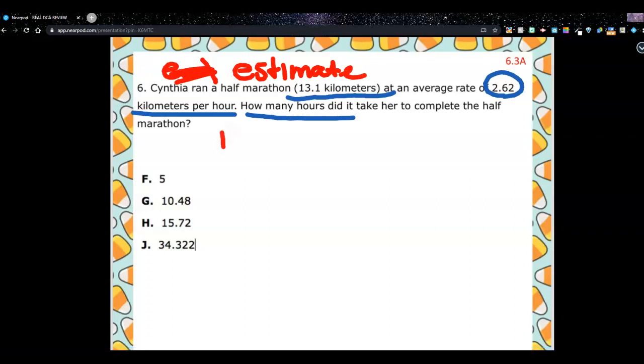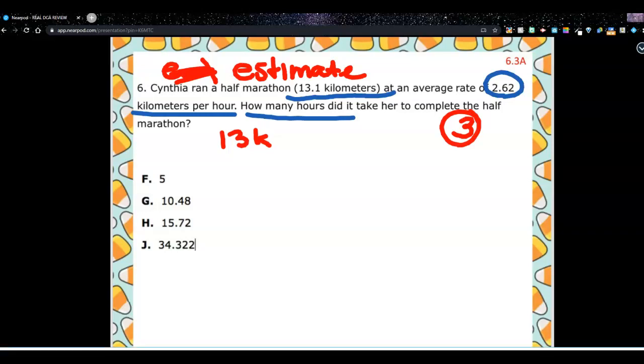Okay, so I have 13 kilometers and 2.62 kilometers per hour. The 6th and the 10th place, so would that bump it up to 3 kilometers per hour, or would I round down to 2 kilometers per hour? It's got a 6th and the 10th place. We're going to go up to 3.